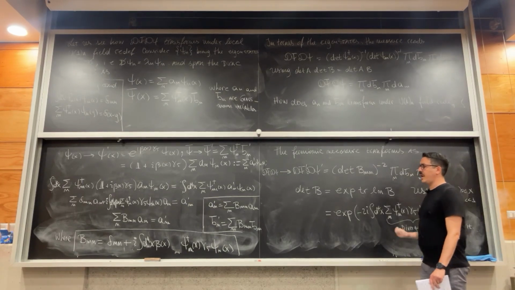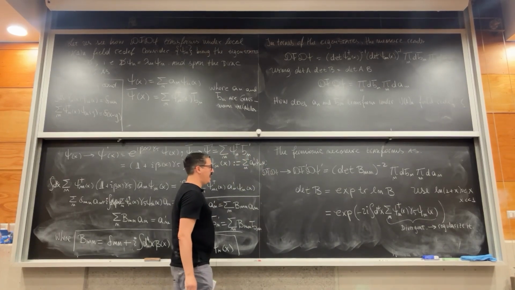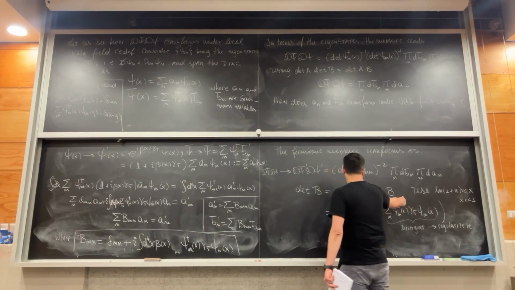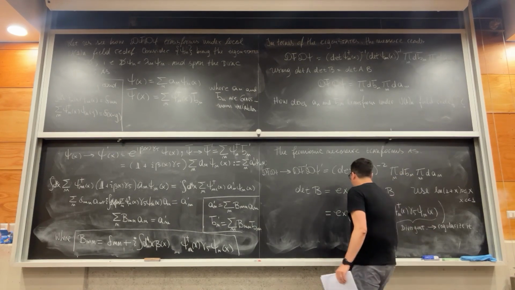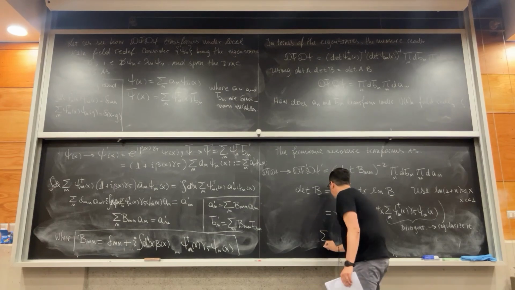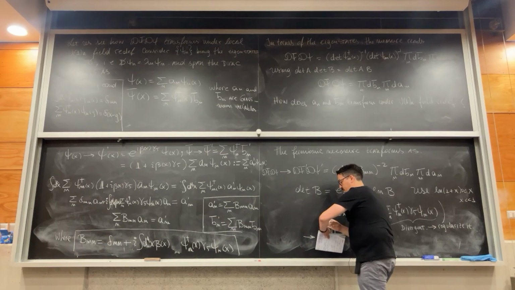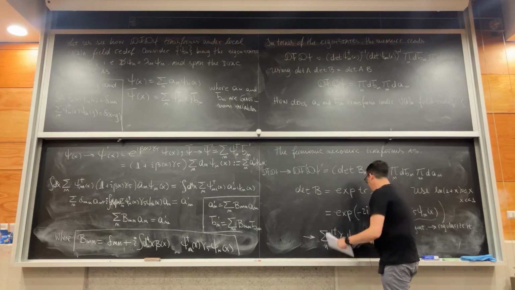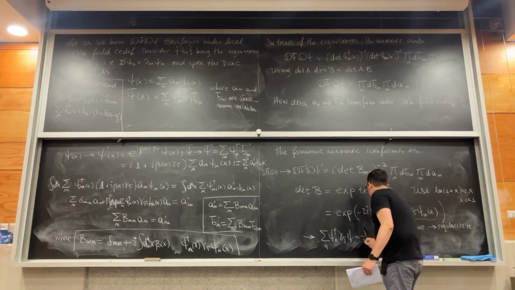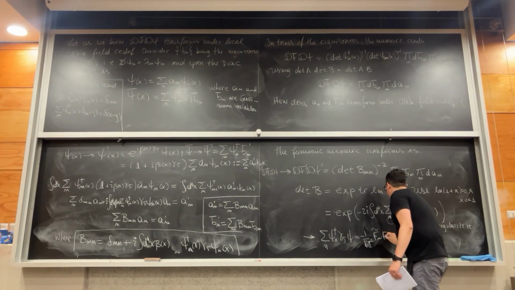But once you introduce the regulator and you perform that sum in a correct way, the result is minus 1 over 16 pi squared f tilde f.